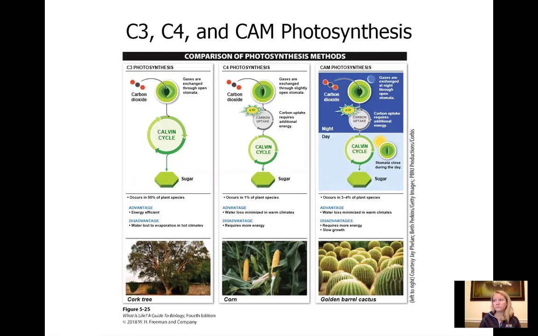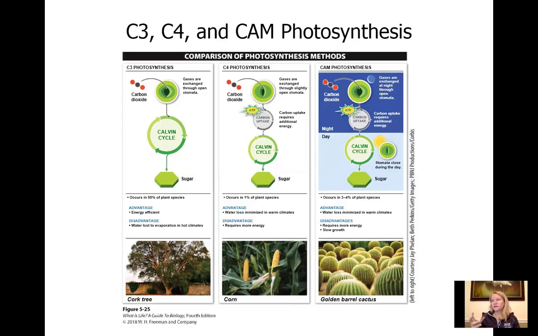Then you have C4 plants, C4 photosynthesis, and that is when the stomata don't open quite as much, so it's more protective in various climates that are more advantageous for these particular plant types. Some crops like corn are these types of plants.